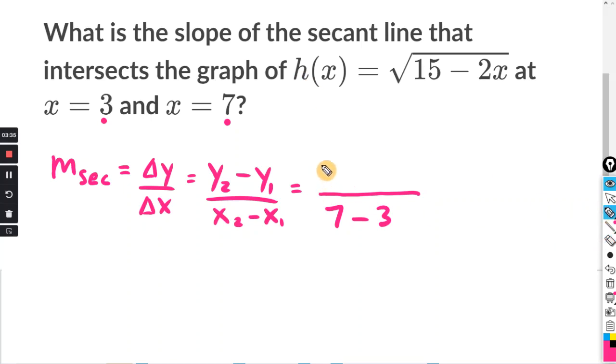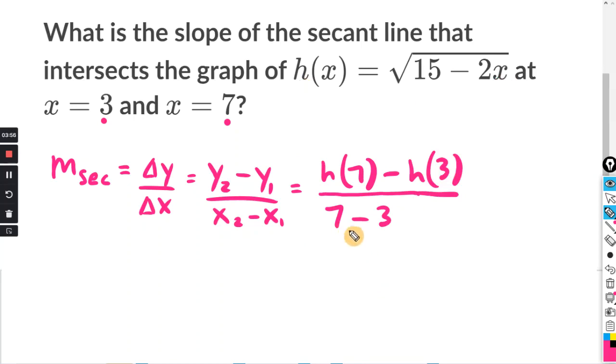So we'll say h of 7. That just means we're plugging in 7 in place of x for the h function. And for this one here, it's going to be h of 3. Okay, and that just means you're plugging in 3 right here in the h function.